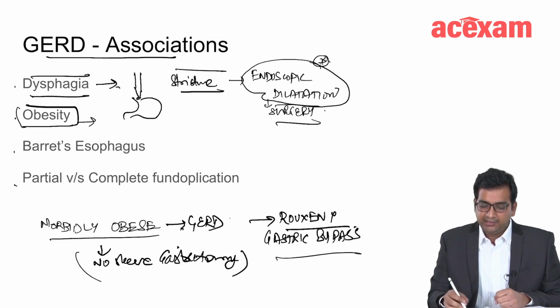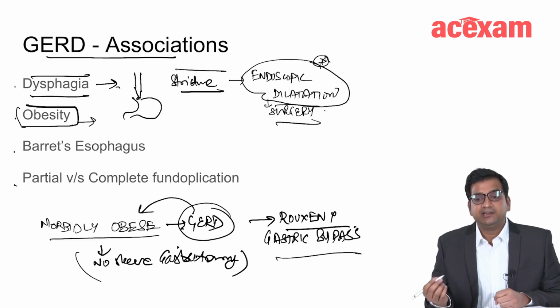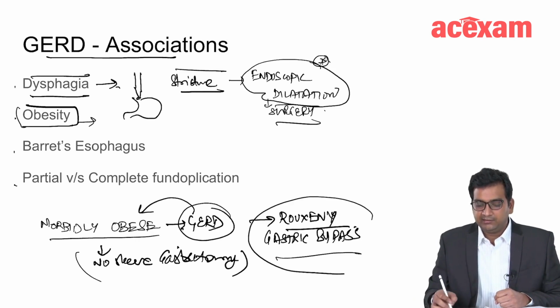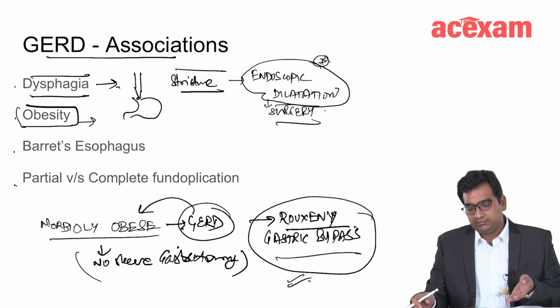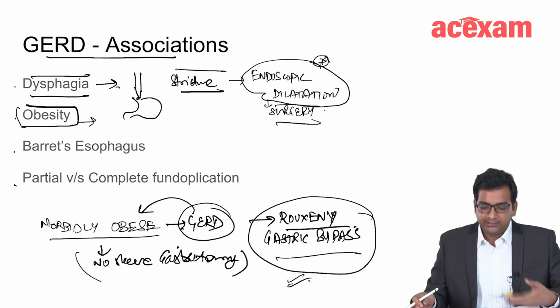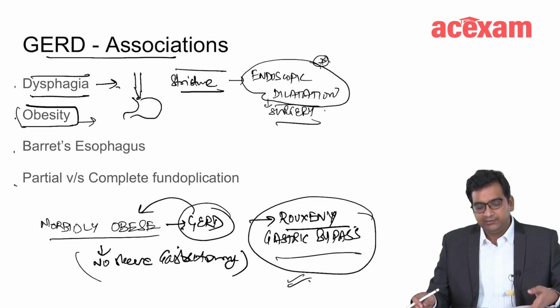Now, if a morbidly obese patient already has GERD and is going for bariatric surgery, the procedure of choice should be Roux-en-Y gastric bypass. That is why we always go for upper GI endoscopy in a morbidly obese patient, just to rule out the presence of any hiatus hernia or GERD. And if there is hiatus hernia or GERD, we will prefer Roux-en-Y gastric bypass in these patients.